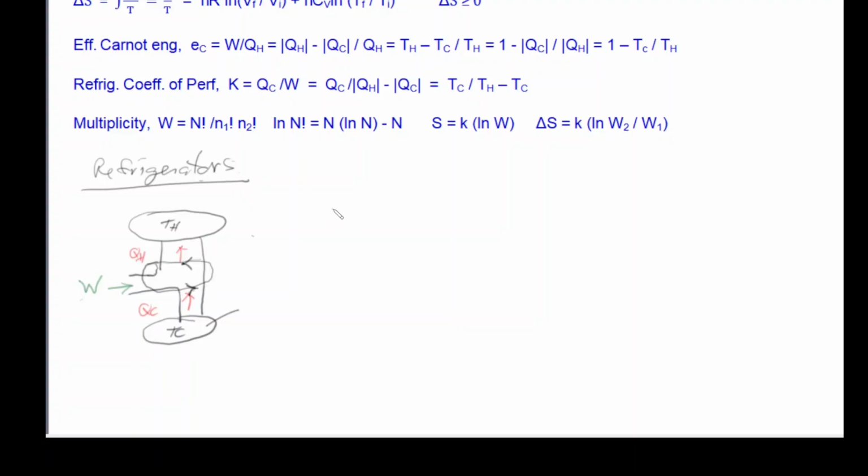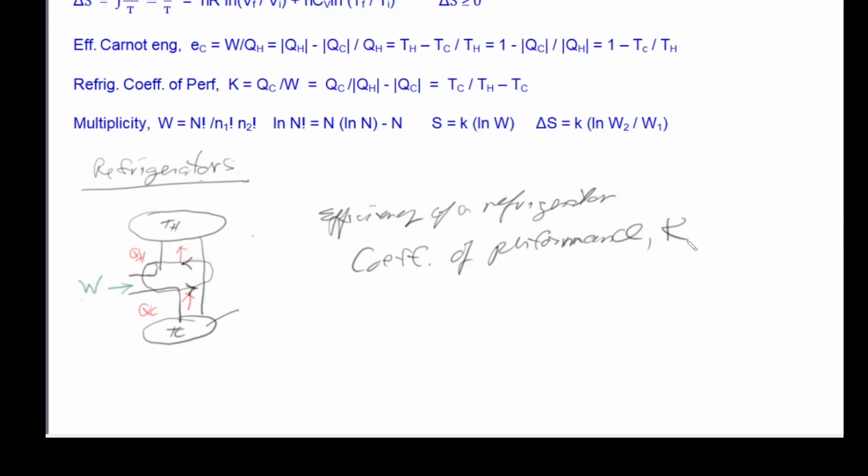So we calculate the efficiency of a refrigerator using something called the coefficient of performance. And that's given by the letter K. So K is equal to the energy removed by the refrigerator divided by the energy put in to get the refrigerator to work.